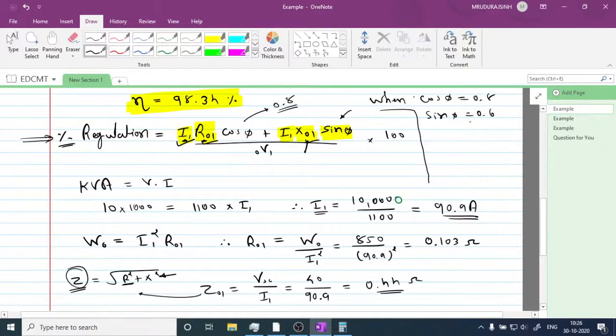Phi is equal to cos inverse of 0.8, and using this you will get the phi angle, right? So sine of this angle will give you the value of sine, and that will be equal to 0.6. So this is how you can calculate this thing.